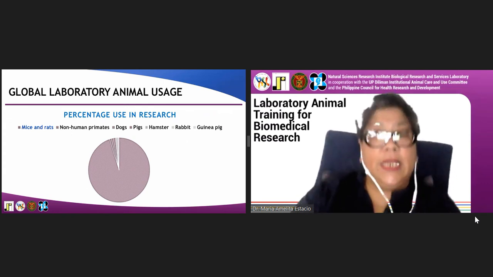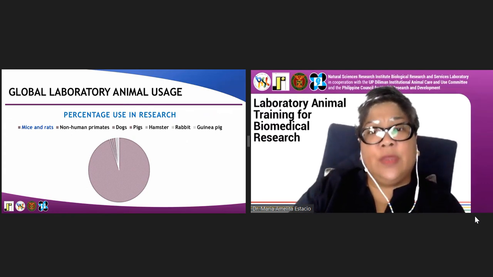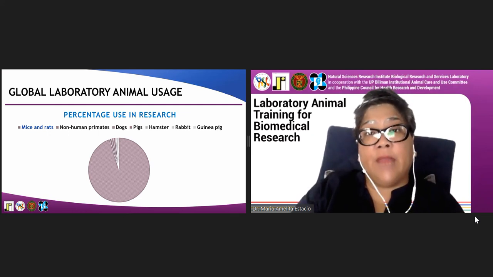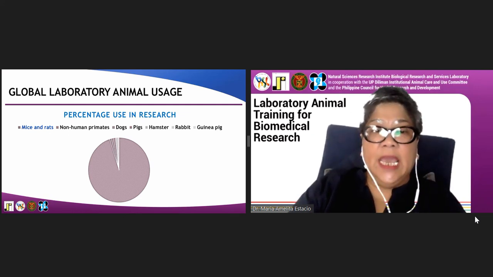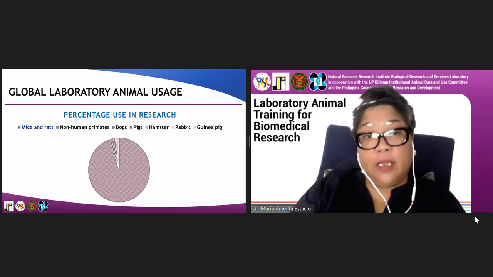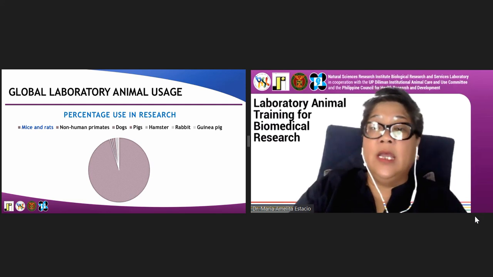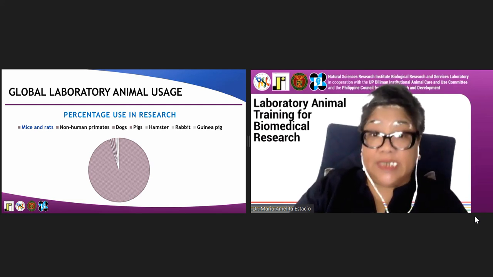Now, just to give you an idea, this is a 2000 data in terms of the global usage of laboratory animals. As you can see in the pie chart, around 95 to 96% of global usage would be the rodents.